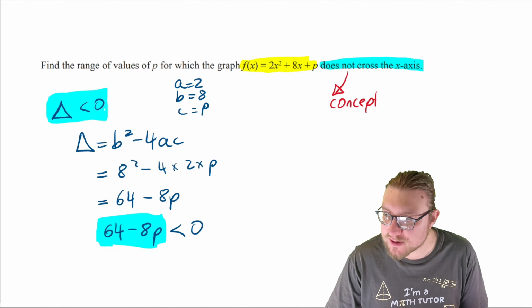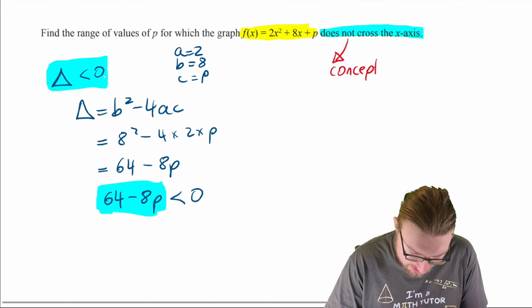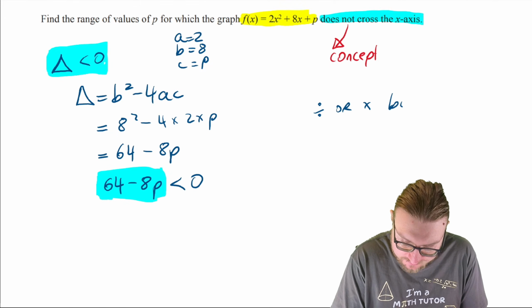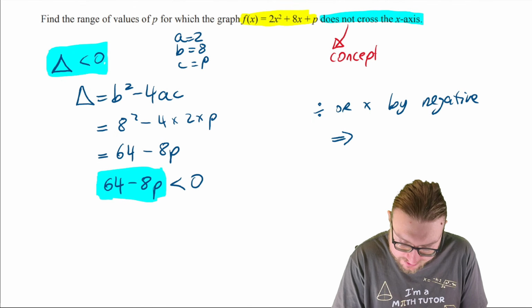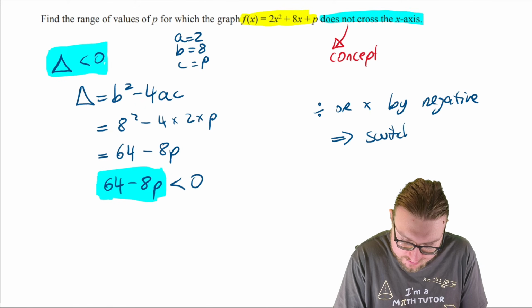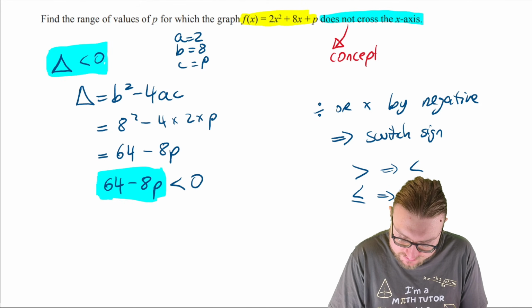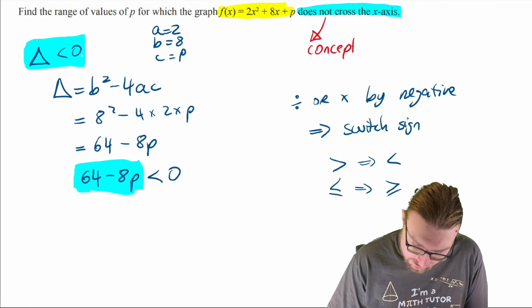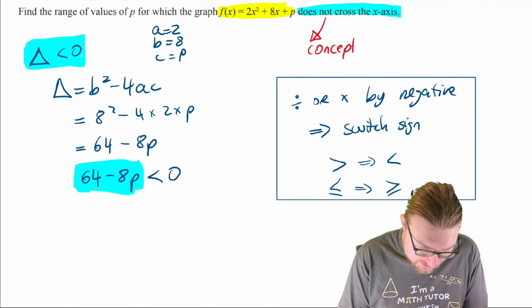Now, these are solved almost the same way as a normal equation with an equal sign, with just one extra rule: if we divide or multiply by a negative number, then we switch the sign. So, for example, this sign becomes this, and this sign becomes this. It's always the other way around. So that is going to be our concept rule when we solve inequalities.